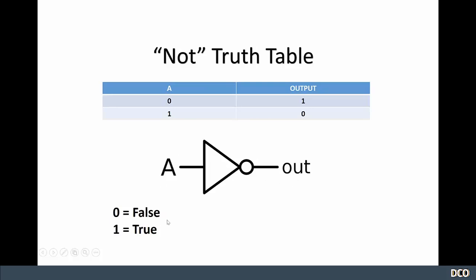And instead of writing true and false all the time, in these truth tables people write 0 to be false and 1 to be true. What you can see is that if A, the input, is false, the output is true. And likewise, if the input is true, then not A, the output, is going to be false. So basically, the NOT gate just gives you the opposite of the input.